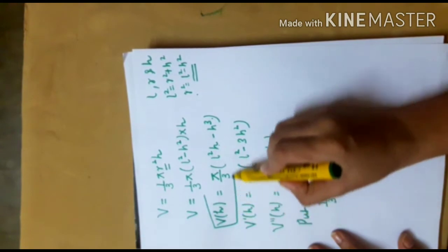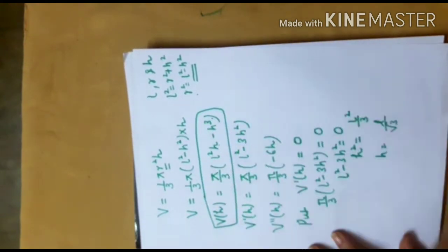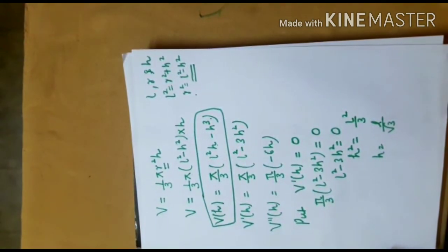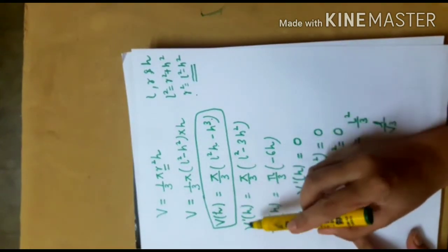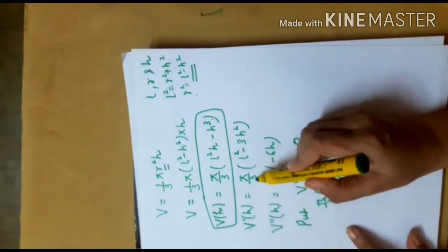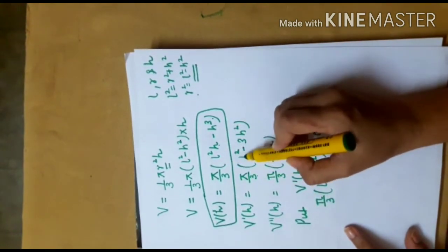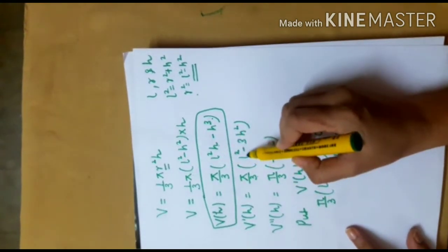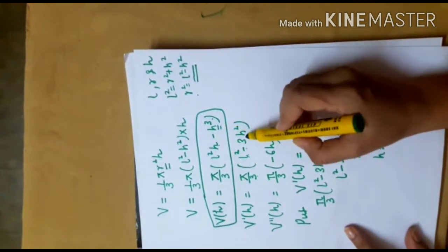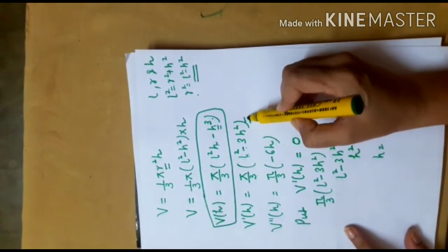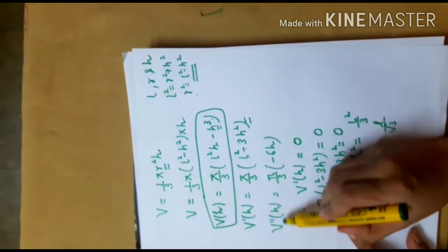Now I have to maximize this function. I'll get the critical points, and to get them, I'll find the first order derivative. V dash h will be pi by 3 into (L square minus 3h square), since L square is constant and the derivative of h is 1, and the derivative of h cube is 3h square. I also find the second order derivative.